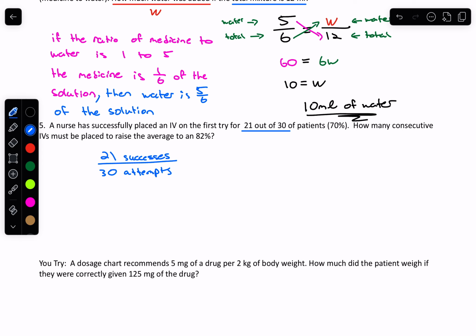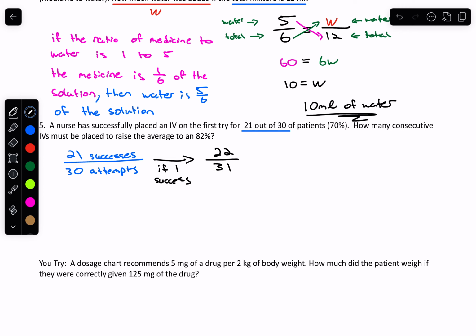Well, we have to think about how do we modify this fraction, 21 over 30. So if you place one successful IV, so if your very next attempt is successful, then you would have 22 successes out of 31 attempts, where notice I added one to both the top and the bottom.